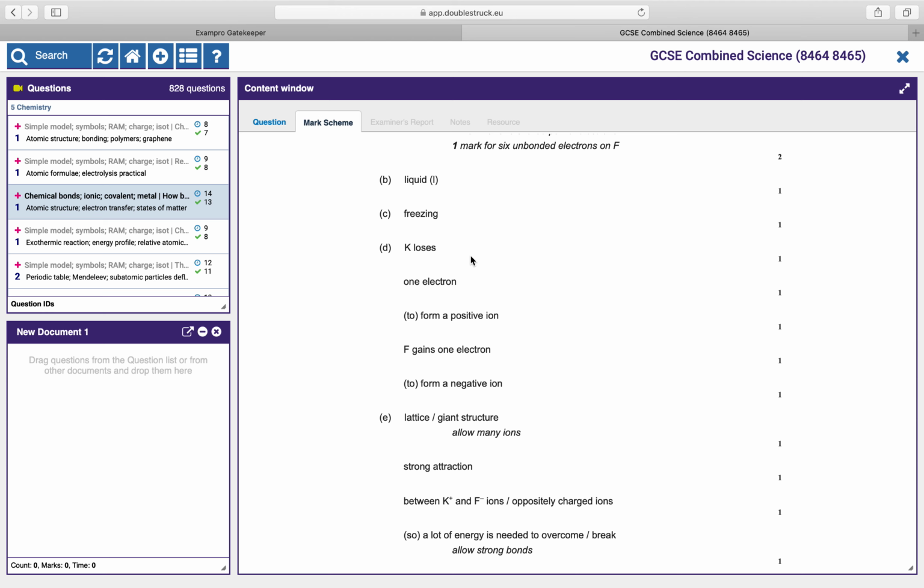So potassium loses 1 electron. So how many electrons are being lost, by what? The potassium. And then you mention it forms that positive ion, and then fluorine gains 1 electron to form a negative ion.